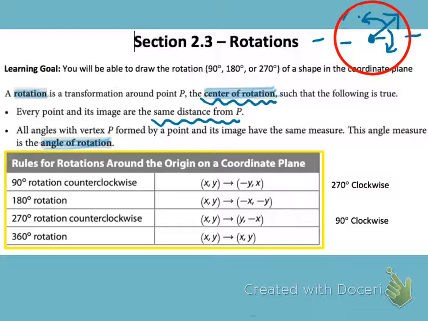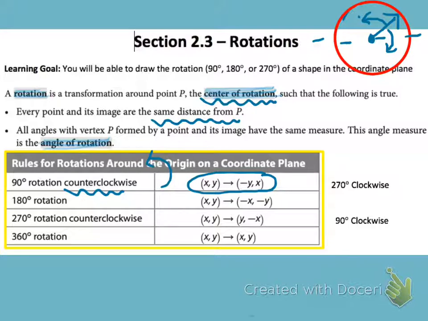So the first rule we're going to look at is the rule to rotate a point, and therefore if we rotate all of the points of a figure, then the whole figure will rotate 90 degrees counterclockwise. That would be in a positive direction, going around this way. That's counterclockwise.